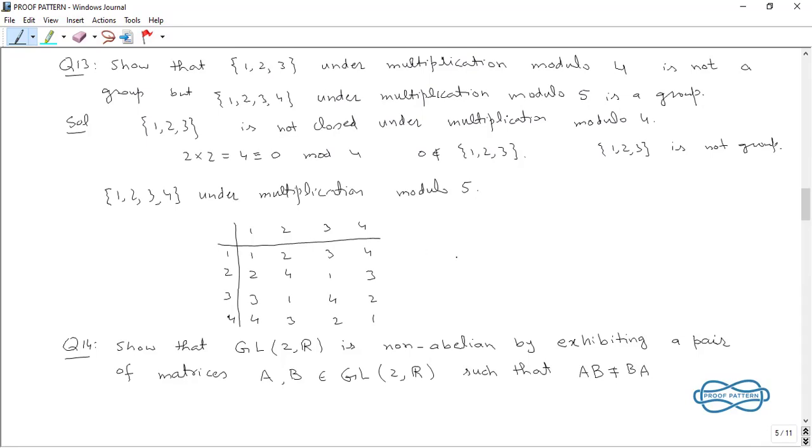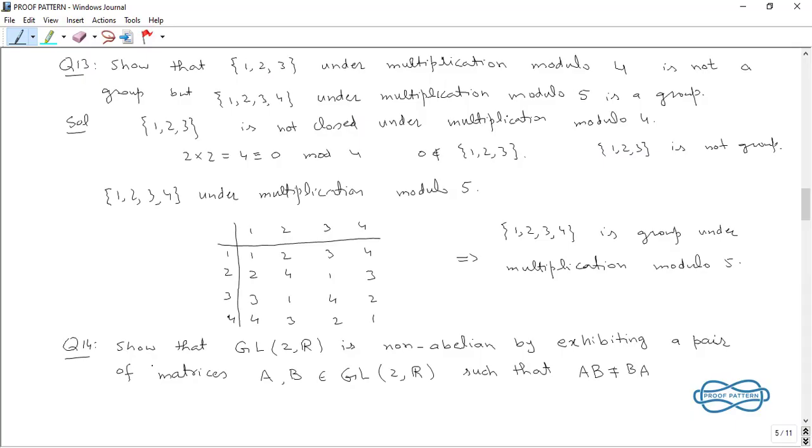So this implies that this set is a group under multiplication modulo 5.